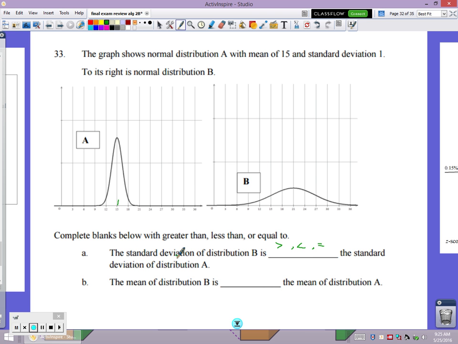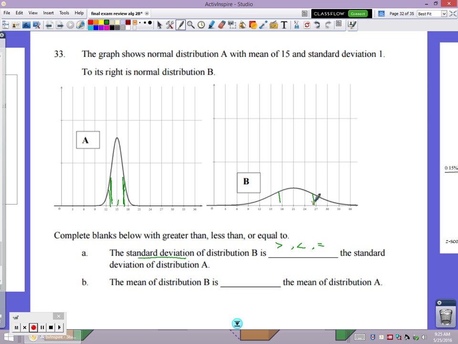Okay, so the standard deviation, the spread of the data on B, is that a bigger spread or a smaller spread than A? So on A, 1 standard deviation away from the mean should hold about 68% of the data. Over here, if I wanted 68% of the data, I have to go much wider out.